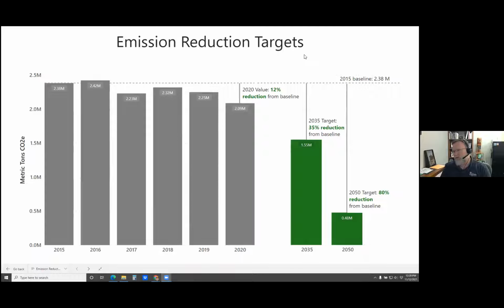The overarching driving numbers at the top of this plan are these emission reduction targets, the green bars on the right. How we assess that is we look at reduction of greenhouse gas emissions from a baseline in 2015, the bar all the way to the left.